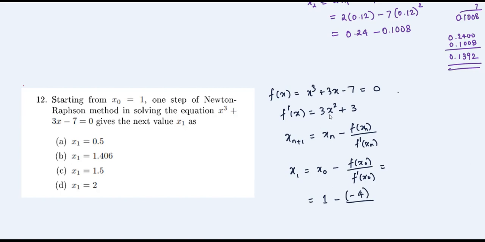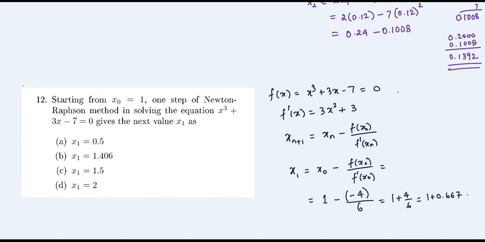So f dash x1 is 6 here. So I get 1 plus 4 by 6. 1 plus 2 by 3, that is 0.667. I think this should be the answer.